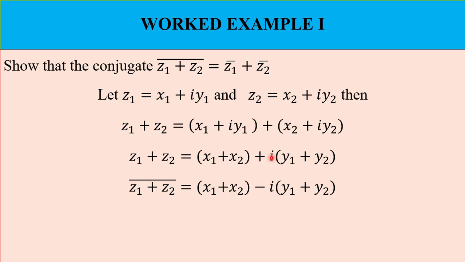So if we change the sign of the imaginary part here, we shall have minus. So we shall find that the complex conjugate of z1 plus z2 is equal to x1 plus x2 minus i into y1 plus y2.